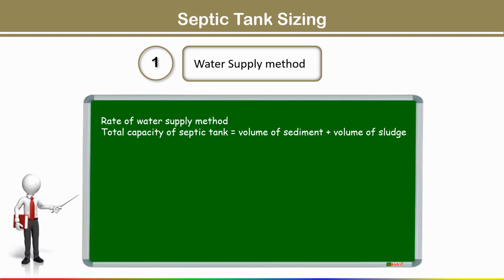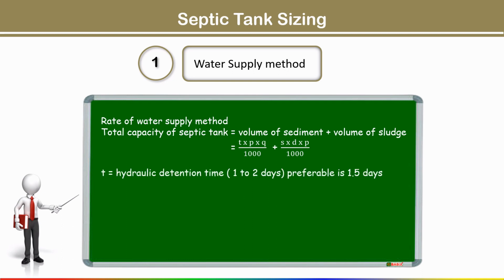Here the formula is written: total capacity of septic tank is equal to volume of sediment plus volume of sludge. The formula is: small t into p into q divided by 1000 plus small s into d into p divided by 1000. What are t, p, q, s, d?